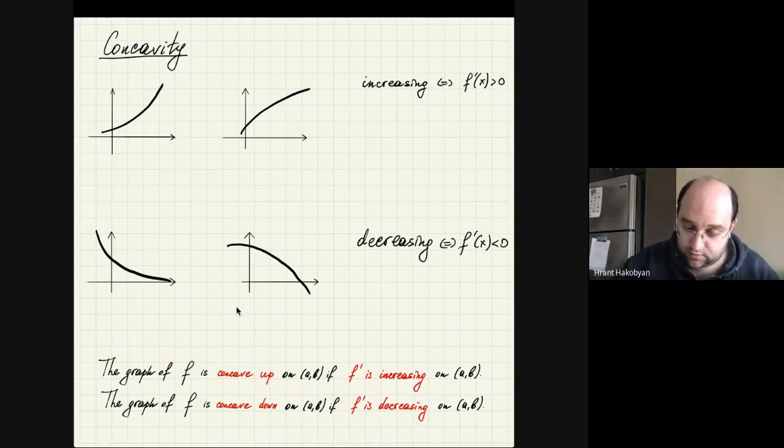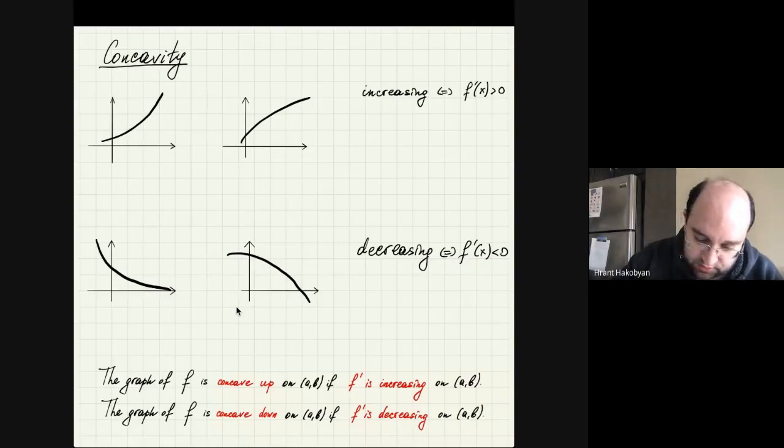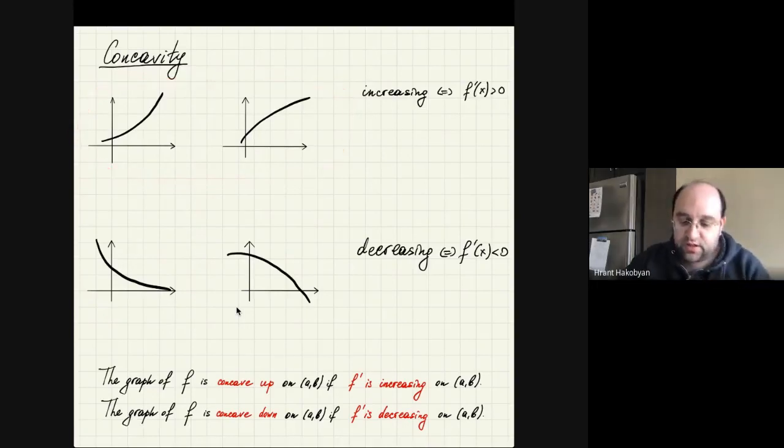Now let's have a look at the functions here in the first column. They are both increasing, but they're increasing in different ways.